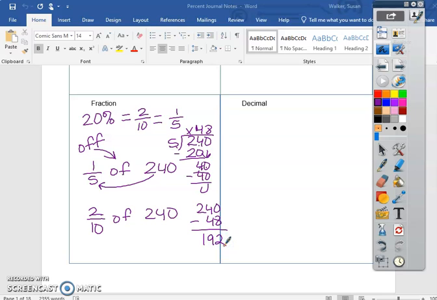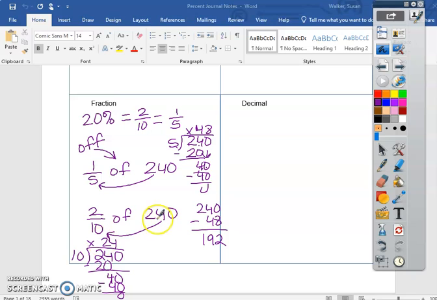Now let's say you didn't know that this simplified to 1/5. Let's say you got it down to 2/10. Then I would do 240 divided by 10, and by the way, there's a quick way to do this. I'm just not showing you right now because I don't want to confuse you. 10 into 40 goes 4, 40, and 0.